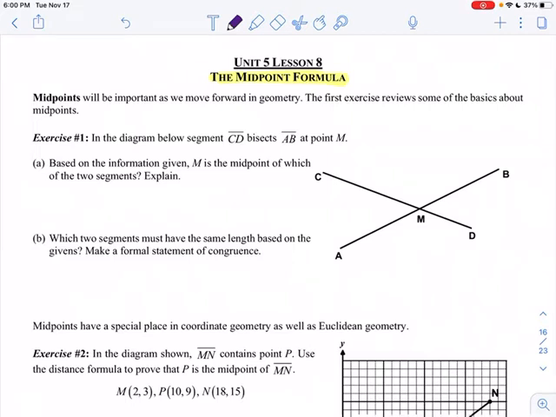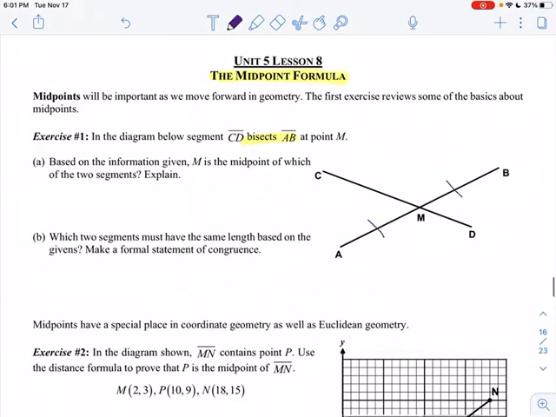In this diagram in exercise 1, CD bisects AB at point M. So the question is, based on this information, M is the midpoint of which of the following two segments? If I'm bisecting AB, that means I'm cutting AB in half. So M is the midpoint of AB.